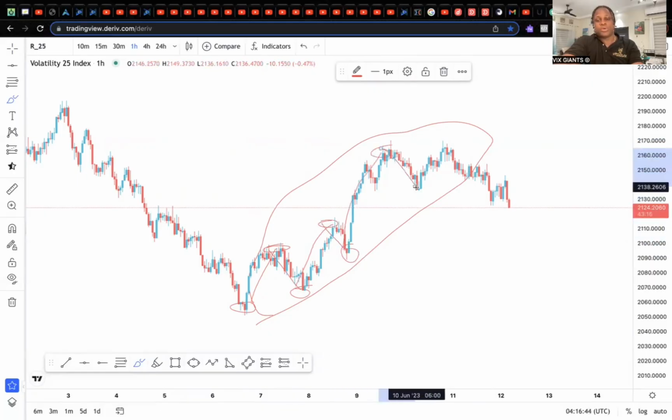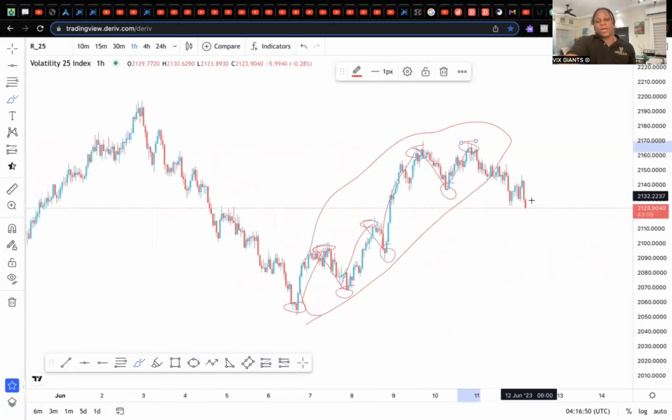Market pretty much pull back, creating a higher low, equal highs, and now it looks as if we want to go back down. But this movement that we're zooming on, it's an uptrend. Why? Higher highs and higher lows are being created, and the market is pushing to the upside.